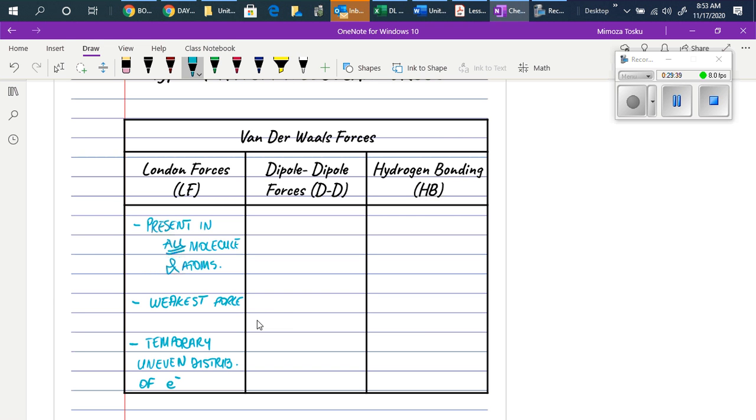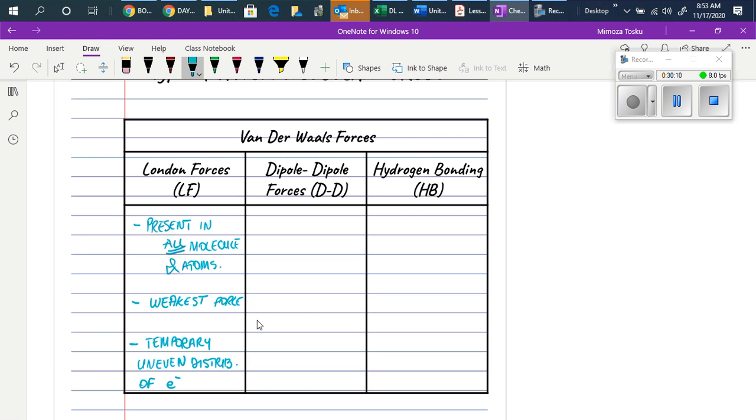But this uneven distribution of electrons is very temporary, whether the molecule is polar or non-polar, it doesn't matter. Since it is temporary, this force is temporary as well, okay? But it exists no matter what. It exists in every single molecule.